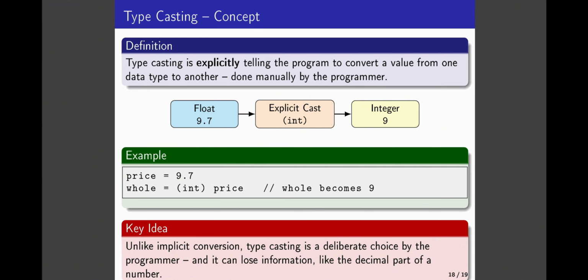Data types define what kind of value a variable can hold: integer, float, character, and boolean are our four primitive types. Then finally, type conversion happens automatically, while typecasting is done explicitly by the programmer on purpose. So this is our module 3.